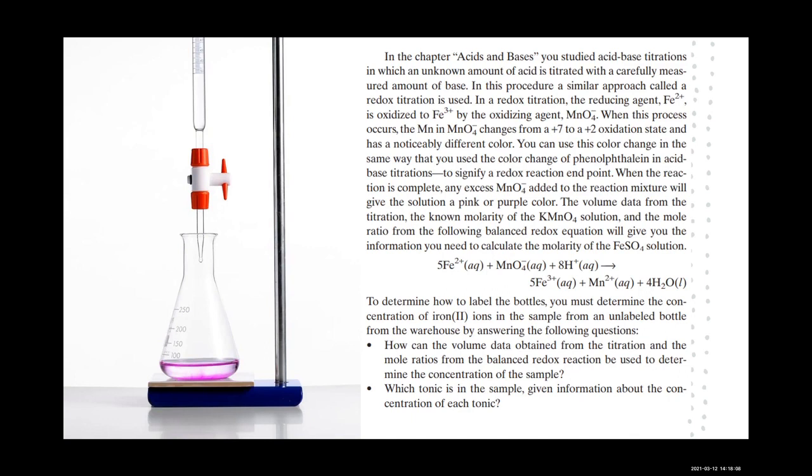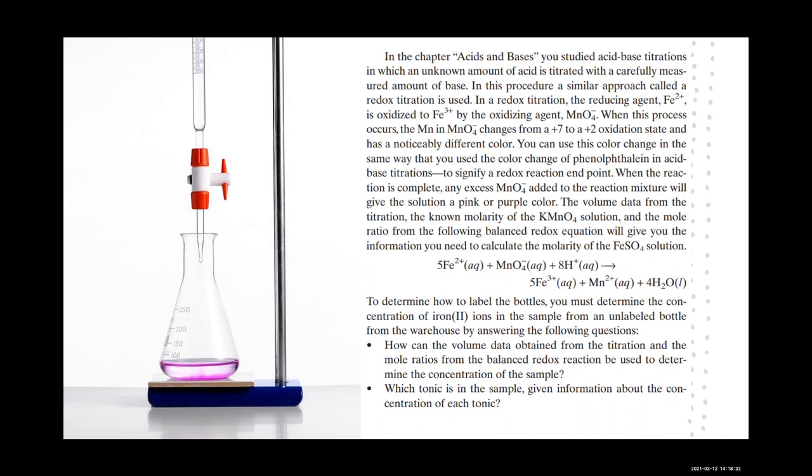When this process occurs, the Mn in MnO4- changes from a +7 to a +2 oxidation state and has a noticeably different color. You can use this color change in the same way you used the color change of phenolphthalein in acid-base titrations to signify a redox reaction endpoint.